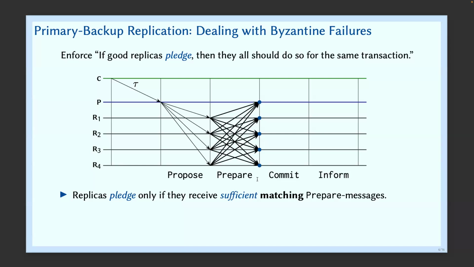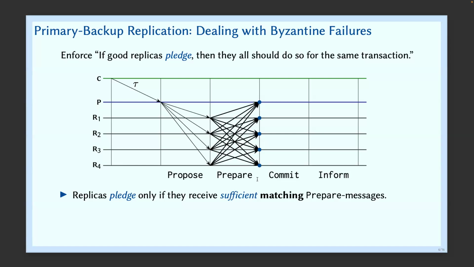We could have a prepared core where F plus 1 are good. We have 1 good here, and we have F bad here who say they're good, who also say 0. And then we have F good guys who are in the dark, who never saw anything. So that's a possible core, and that's the worst possible core.